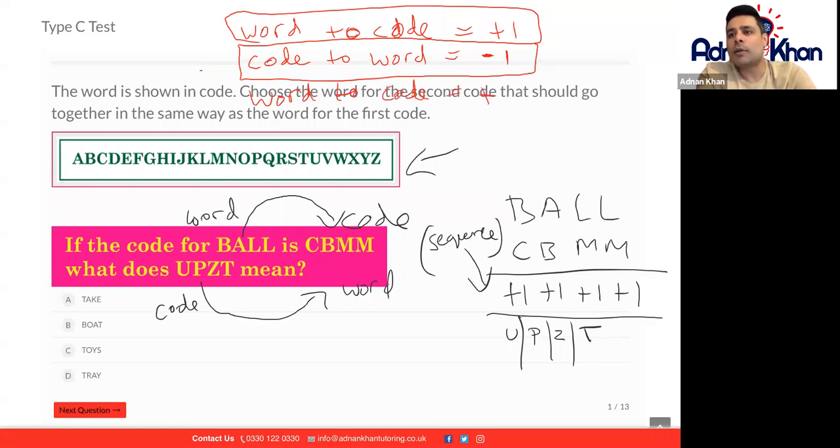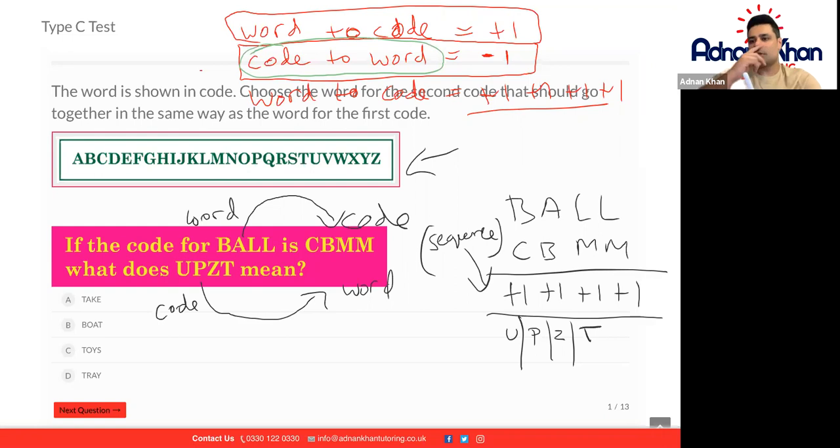It will be +1, +1, +1, and +1. But because we're doing code to word, it's exactly the opposite. And that's the reason why we do it the other way around. All right. So you might want to watch this recording of this lesson again afterwards, just to make sure that you're fully polished off on this lesson as well.